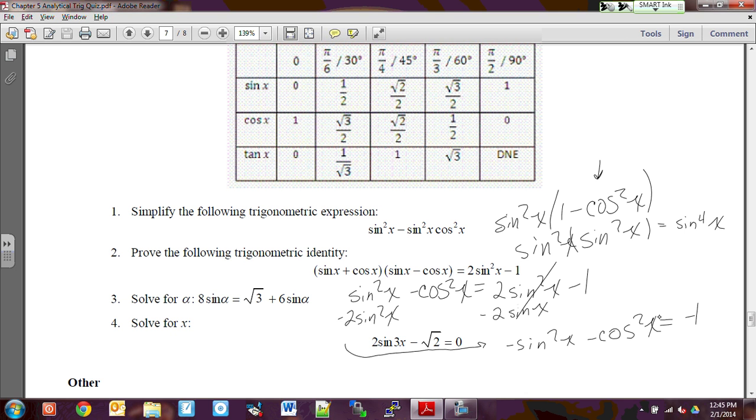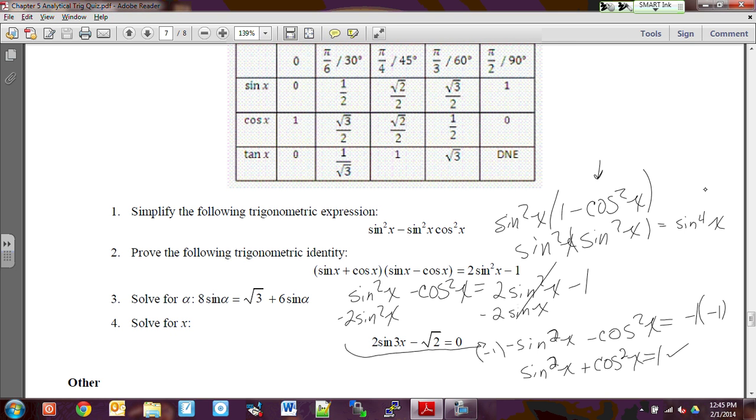Now all my terms are negative, and the golden rule that deals with sine squared and cosine squared has everything positive. So if I multiply everything by negative 1, I get sine squared x plus cosine squared x equals 1. So there's our golden rule. There's number 2 completed.